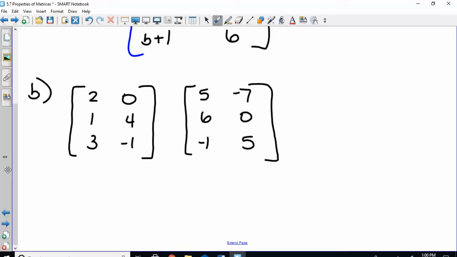What's the operation between those two matrices? Multiplication. So if I'm asking you to multiply, what's the size of the first one? And the second one? We cannot. This is no solution. We cannot do that.